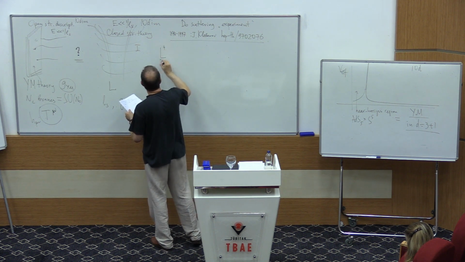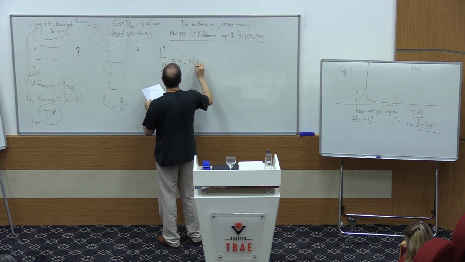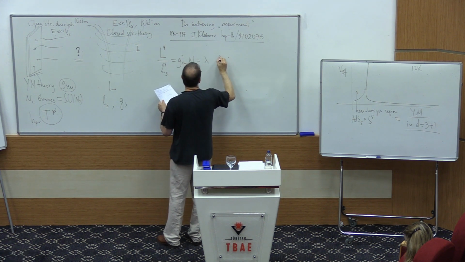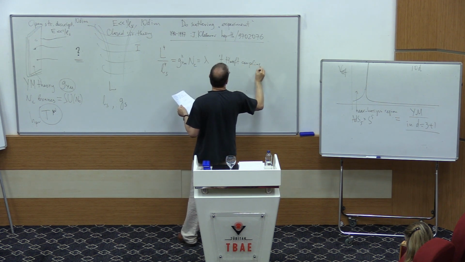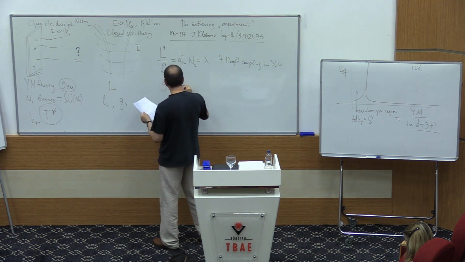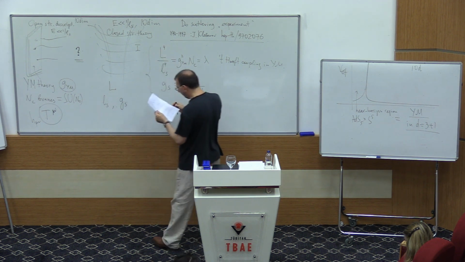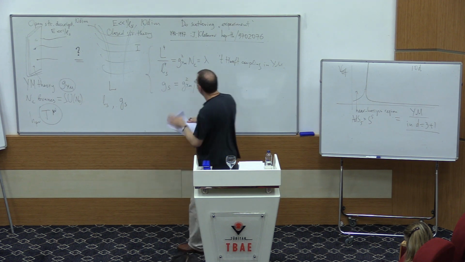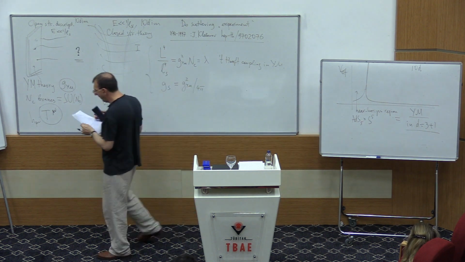The relationship between L, this parameter of the gravitational solution, divided by L string, can be shown quantitatively to be identified with the so-called 't Hooft coupling lambda in Yang-Mills theory, and g_s, the string coupling constant, is identified with g squared Yang-Mills divided by 4 pi. So these are the first entries in this dictionary. I won't have time to discuss why this is so, just trust me.